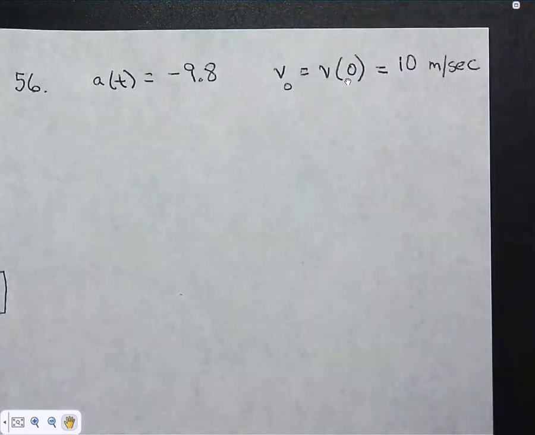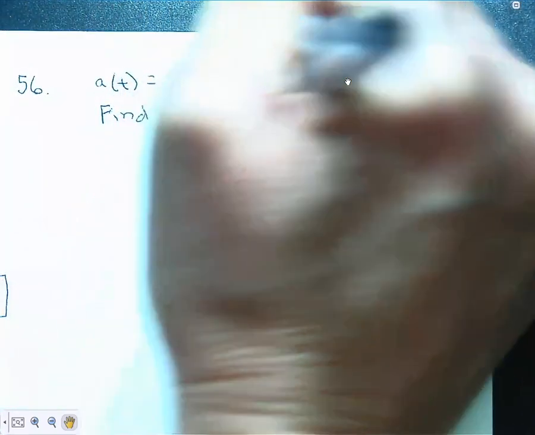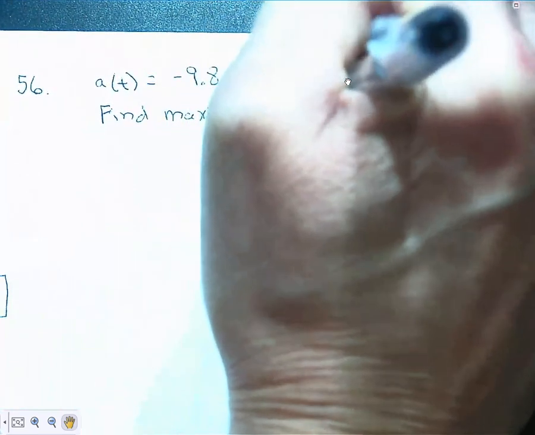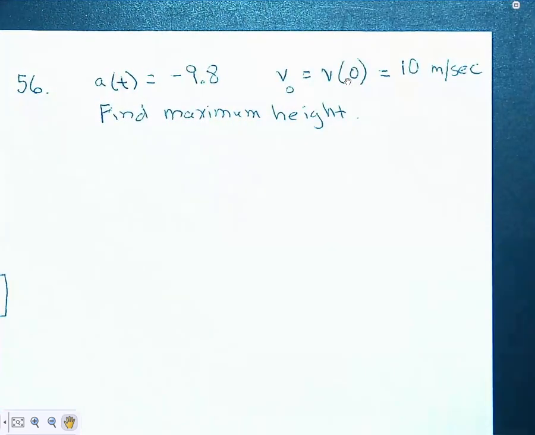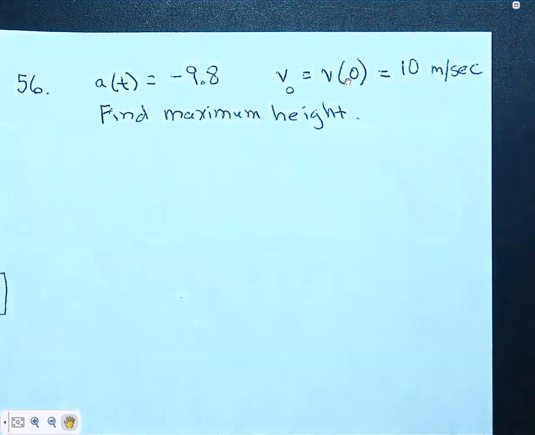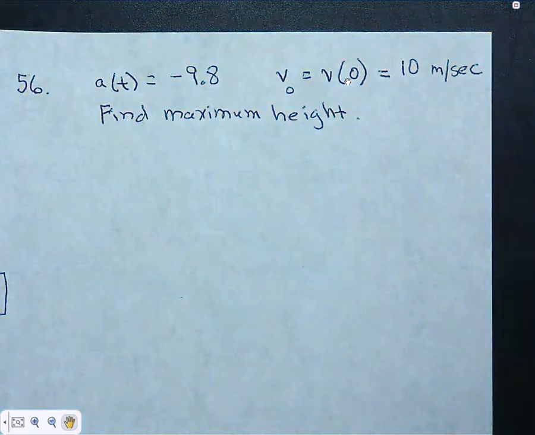The question I want is to determine the maximum height. Let me just write that down. I want to find the maximum height. What functions am I going to have to know? Just talk me through the process of finding maximum height.